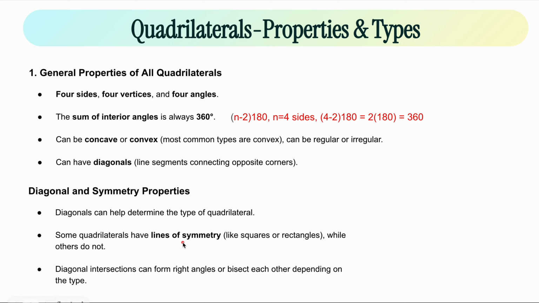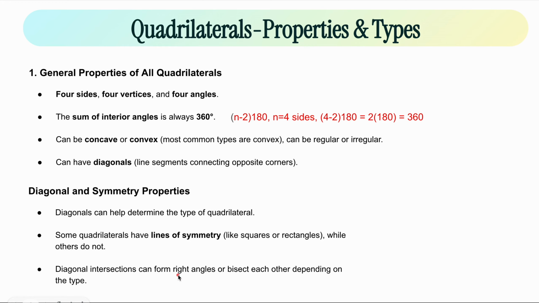Some quadrilaterals have lines of symmetry, like squares or rectangles, while others do not. Diagonal intersections can form right angles or bisect each other depending on the type.